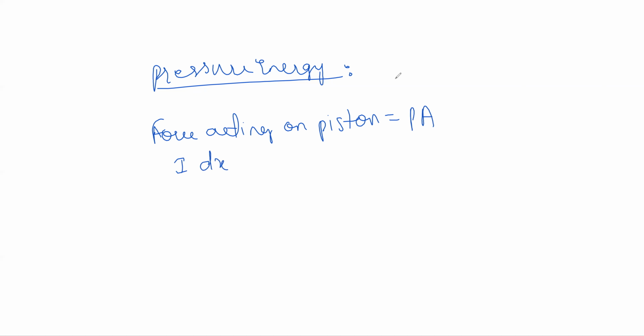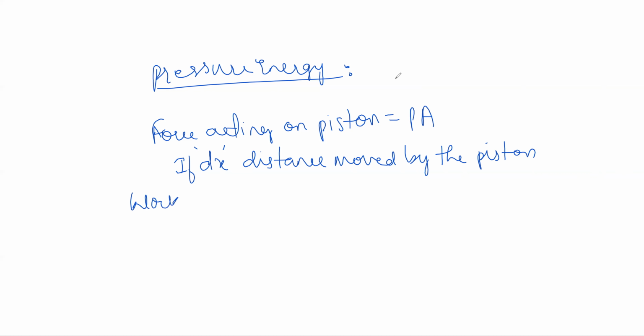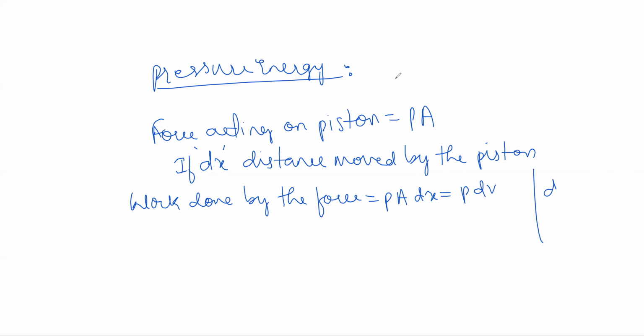If dx is the distance moved by the piston, then the work done by the force is given by P into A into dx, that is nothing but P into dV, where dV is A, the area, into dx, the volume of the liquid swept.